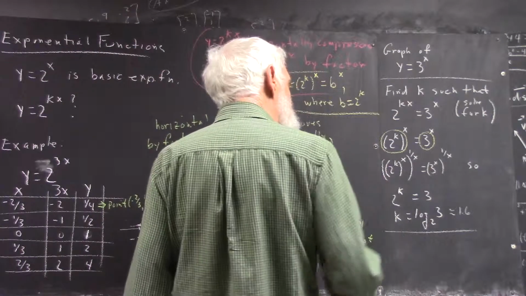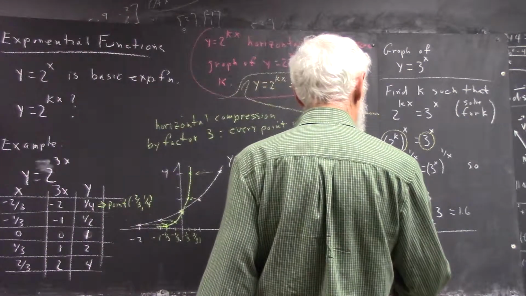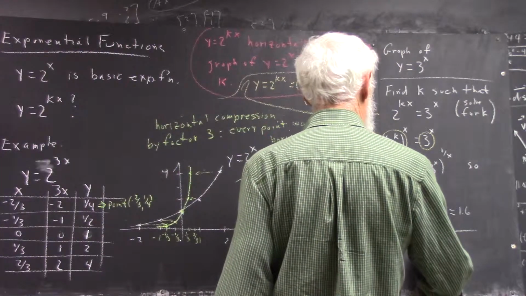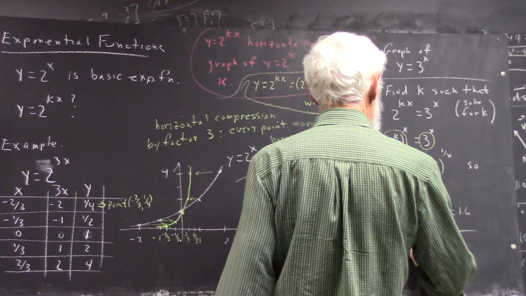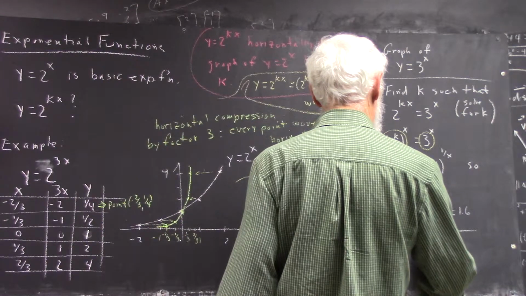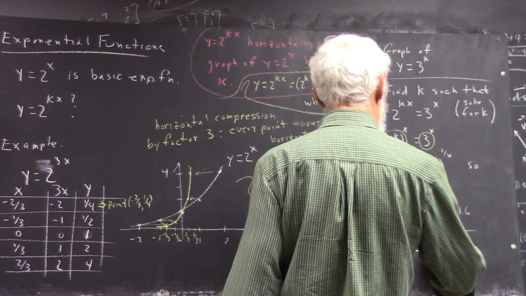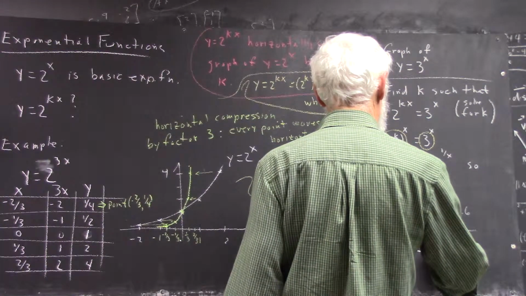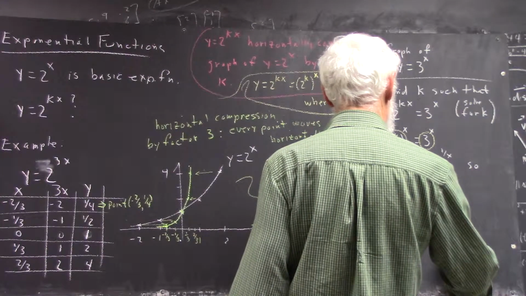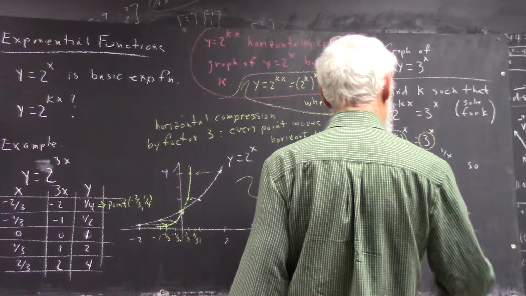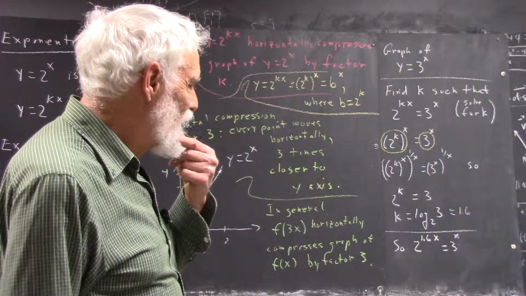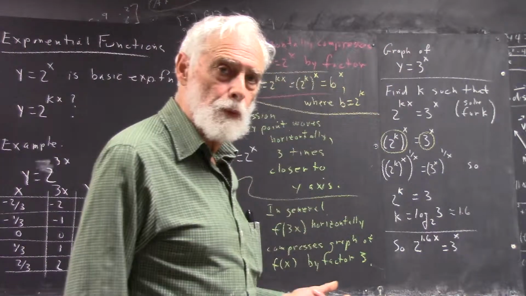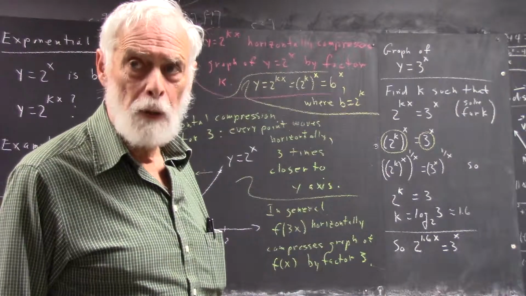Anyhow, this tells us that 2 to the 1.6x should equal 3 to the x, approximately.